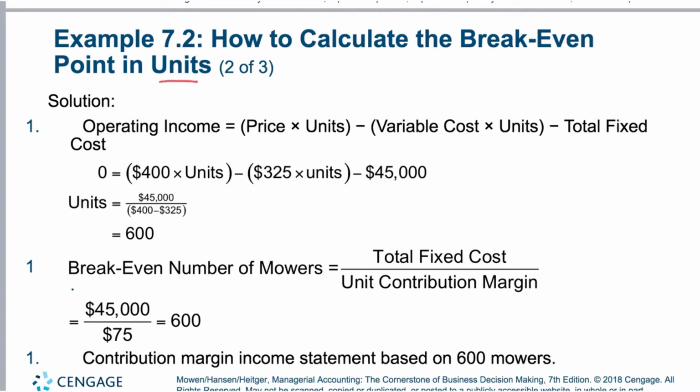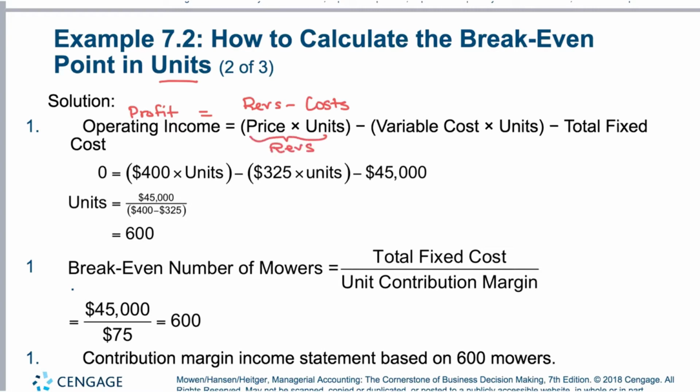Okay, so the first is starting at the very basics, which is that we know that operating income or profit is equal to revenues minus costs, right? So we know that, and we can also say that our revenues is going to be price times units, so that's revenues.